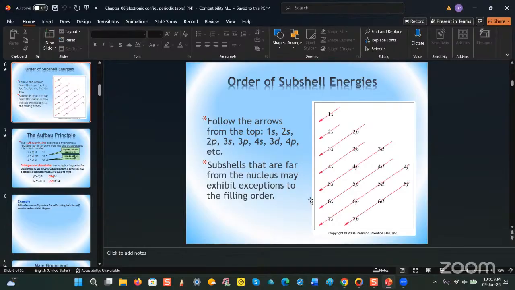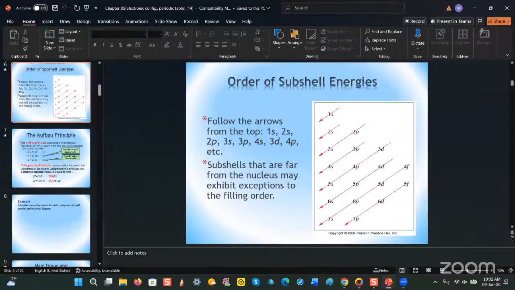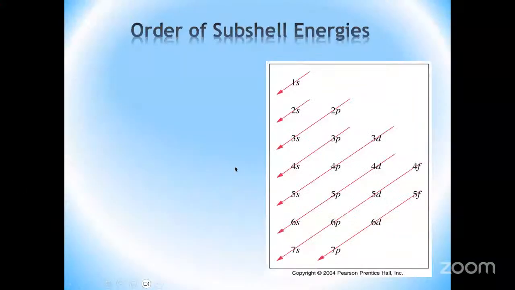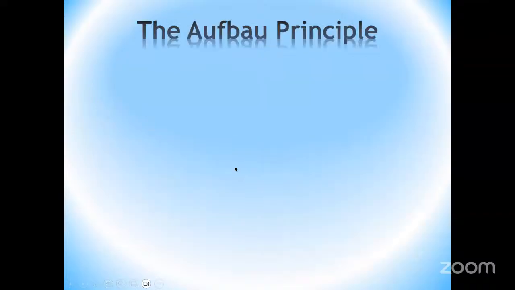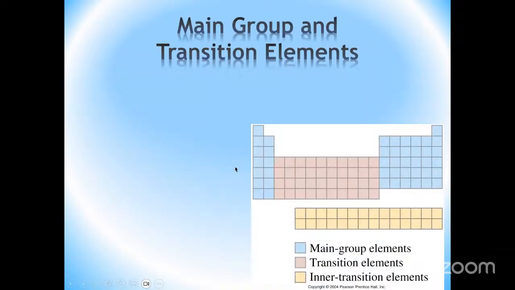Right, so that diagram is what we need in order to correctly write down the order of the subshells so that we can have the correct electron configuration of the particular atom, all right? So what I'm going to do is continue our discussion of electron configurations and the consequences of that in terms of where different elements will end up in the periodic table.